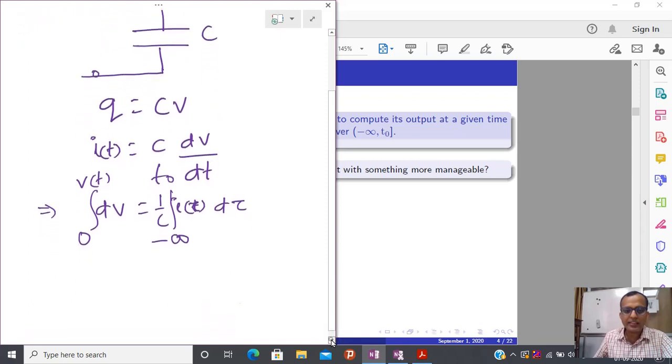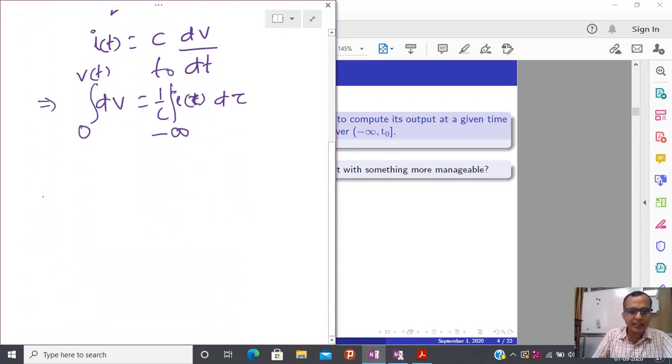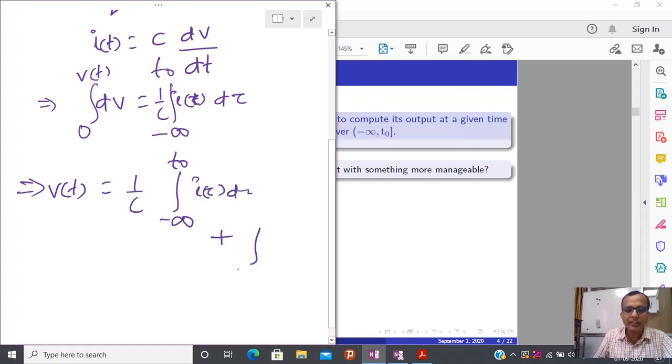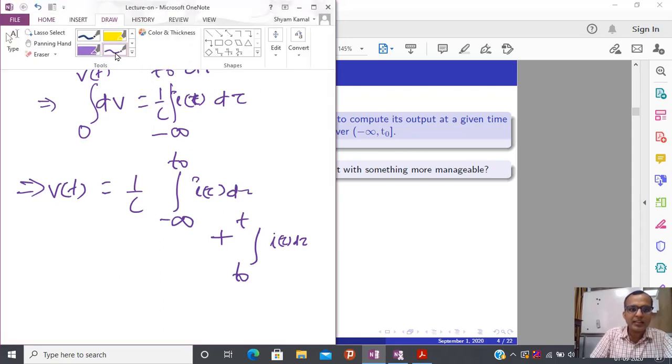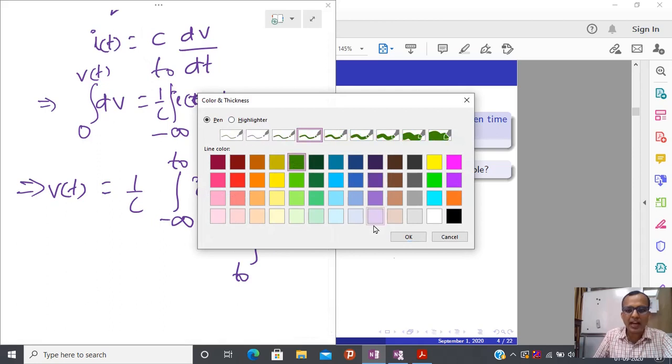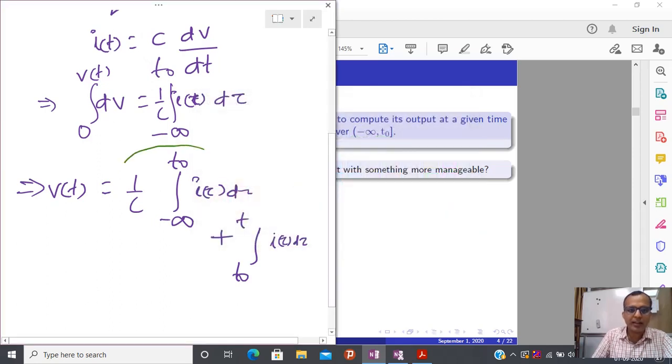We have already seen in the previous class that this is a very large amount of information. So I am going to break this information from minus infinity to t0, where t0 is my time of experiment, and then I have t0 to t of i(tau) d tau. Basically, in today's class, I am talking about this large information.